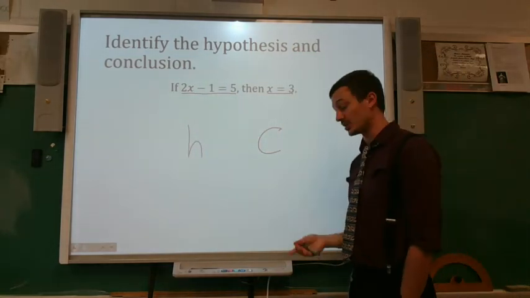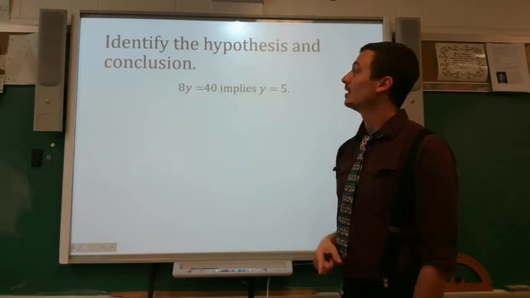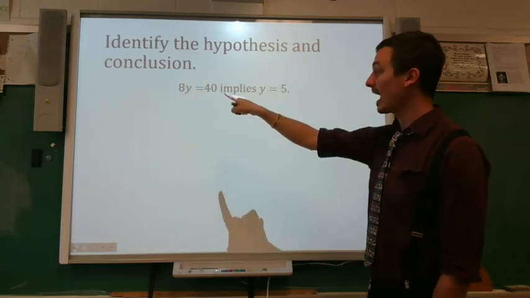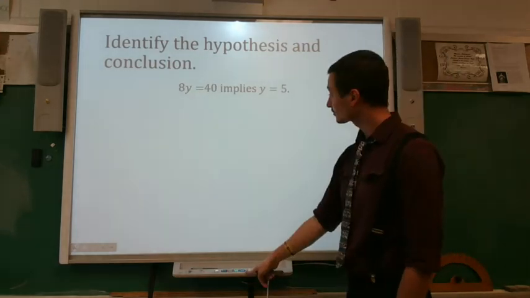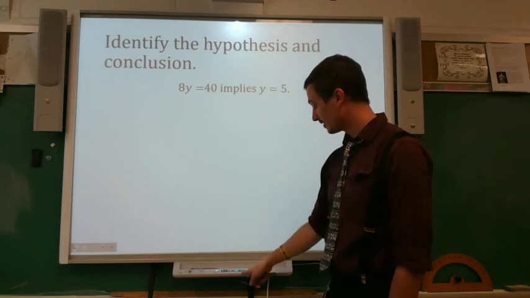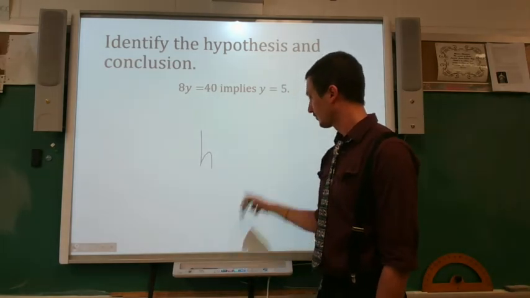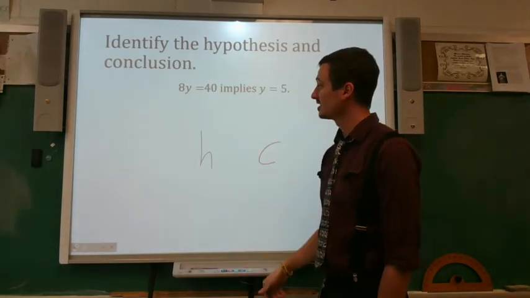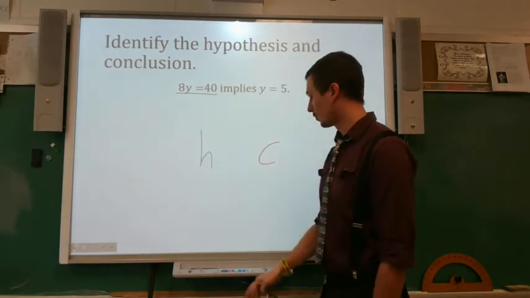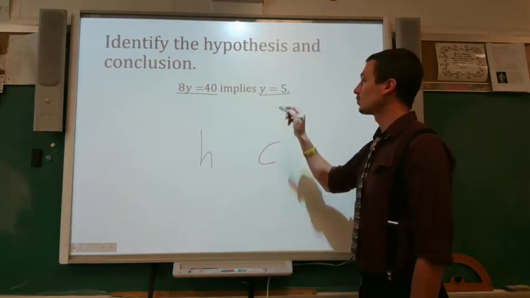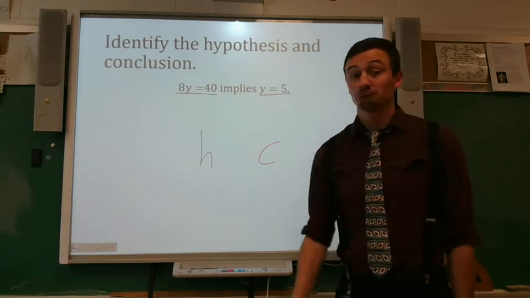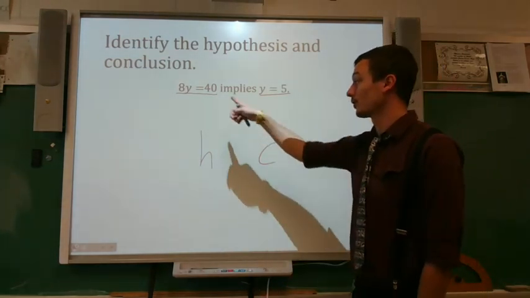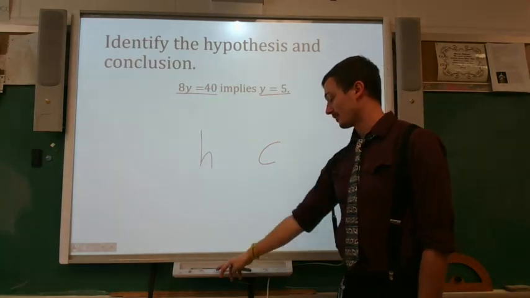This is a true conditional statement. In this, 8y equals 40 implies y equals 5. The hypothesis is going to be 8y equals 40, and the conclusion is y equals 5. That's a true statement. If I were to solve for y, I would get that y equals 5.